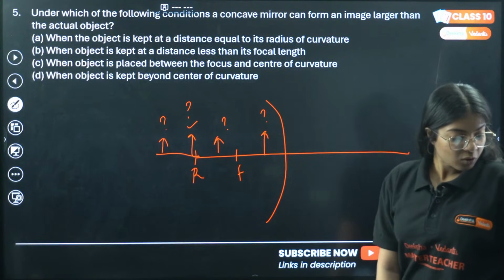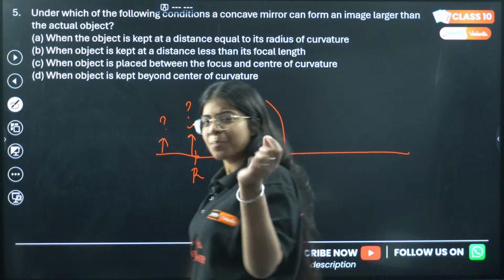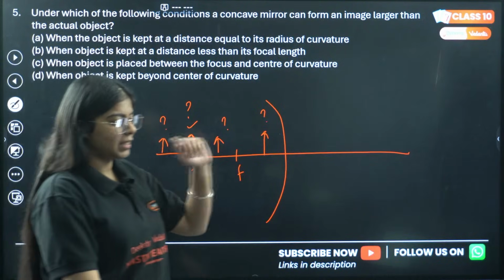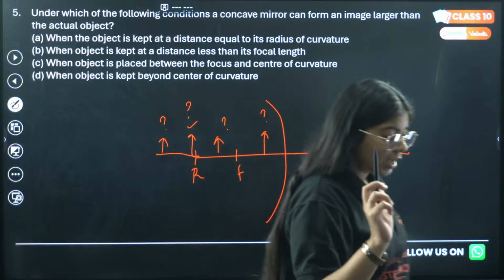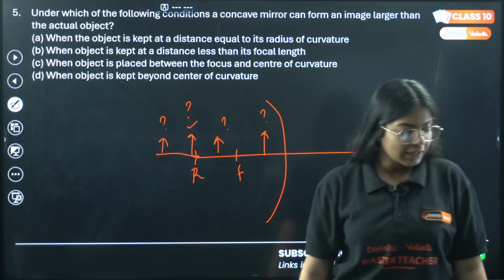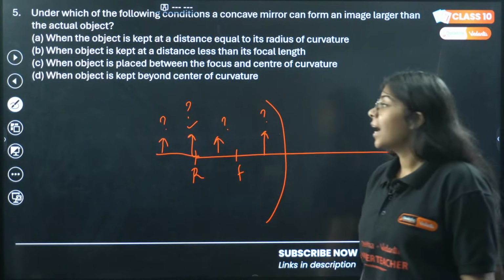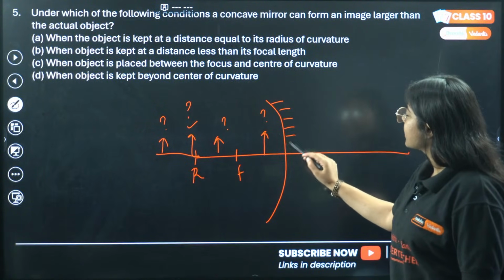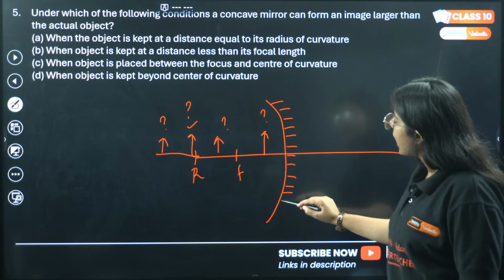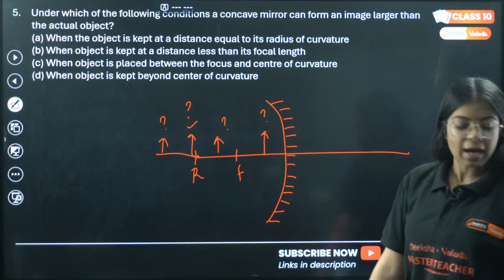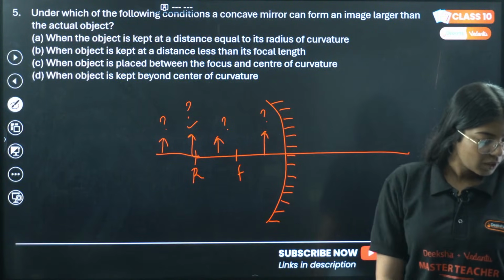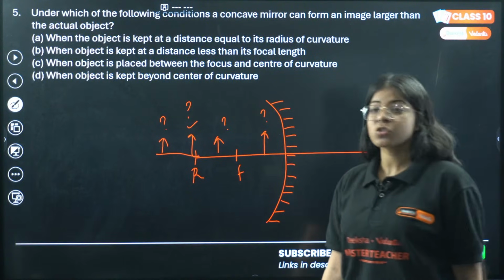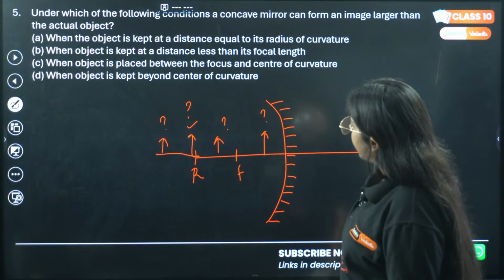Okay, let me know the answer. I guess there is a bit of a mistake in this question that you forgot to tell me about. Can anyone tell me? This is my concave mirror, okay? In which of the cases are they asking that the size of the image is larger than the object? Option B. Trev is also saying option B. Correct.